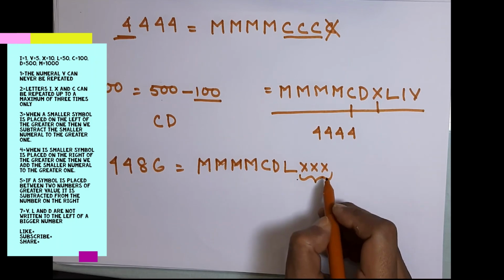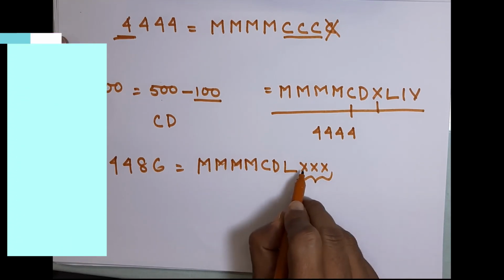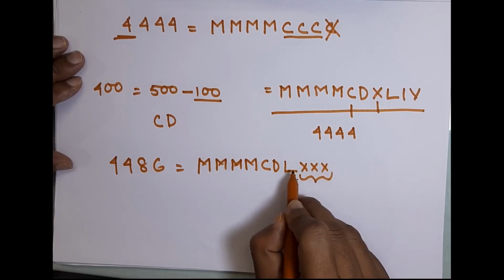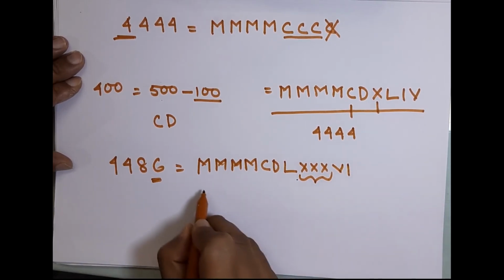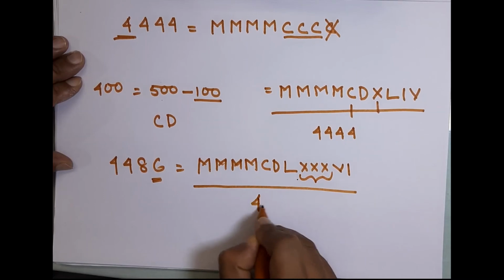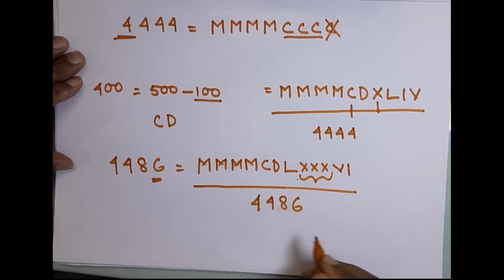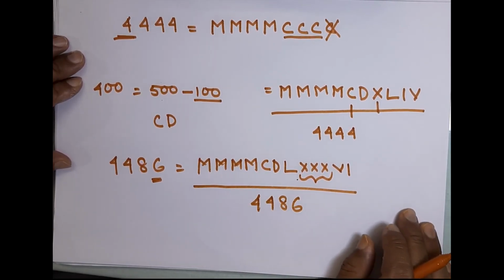So it is within 3. So you can always write X, X, X. So 50 plus 30, and then 6. 6 is 5 plus 1. So this represents your 4486. Thus, if we are aware of the rules, we can convert any natural number into Roman format and vice versa.